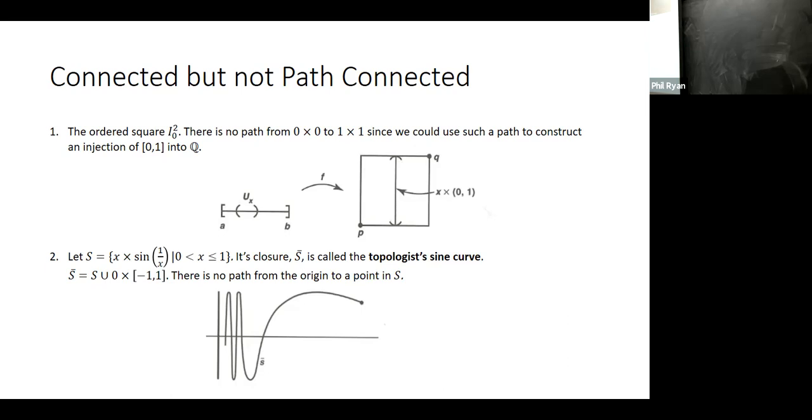If we look at its closure, it's going to be the set S together with the interval between -1 and 1 on the y-axis, because any neighborhood of every point here is going to intersect with S. So the claim is there's no path from the origin to some point in S, and that's what we're going to look at now.